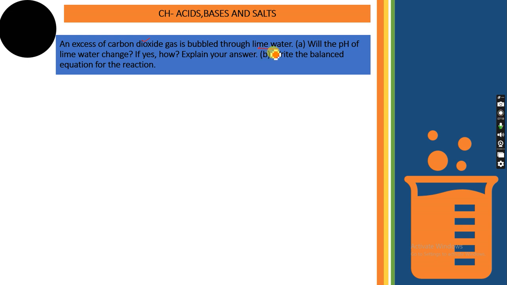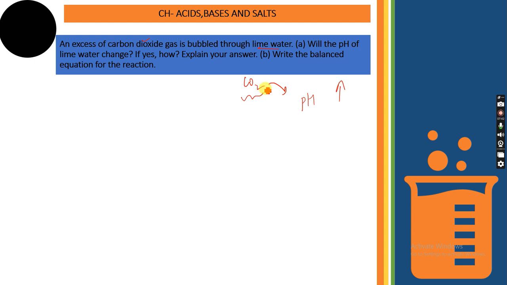Now lime water, since it is a basic solution and carbon dioxide is an acidic oxide, so what will happen now? What will happen to the pH of the lime water? You have to say. Lime water originally was basic, that means the pH was that time high, right? pH will be high if it is an alkaline or basic solution. Now जब carbon dioxide डाल दिया, now क्या होगा? Carbon dioxide, as I have said, it is an acidic oxide, तो क्या होगा?